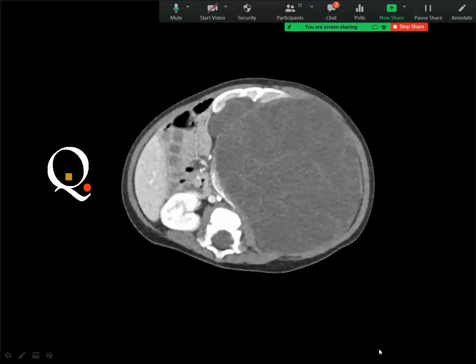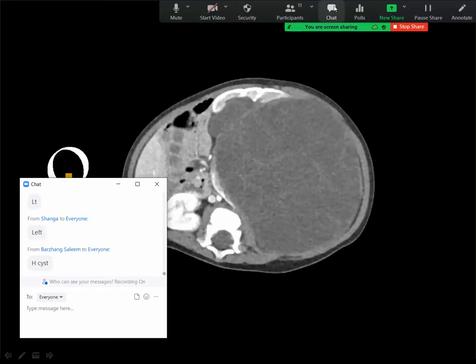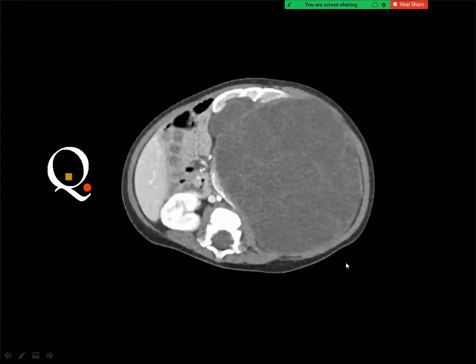This is a child with a big abdominal mass. No, this is not a hydatid cyst. Nephroblastoma, there is no solid component. There is no solid component for Wilms. Multilocular nephroma, correct.